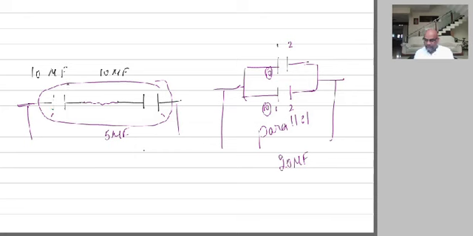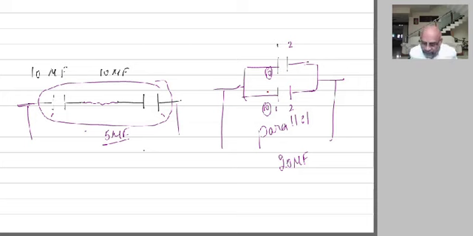When they are connected end to end, something like this, 10 and 10 becomes 5. The same 10 and 10 when connected in parallel becomes 20. You will definitely understand better later. I was just trying to tell you that you can combine a number of capacitors end to end or in this parallel type of combination, and the overall effective capacity changes.